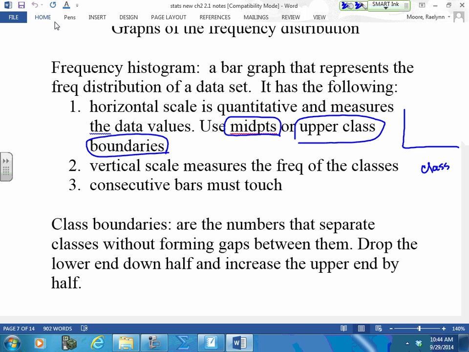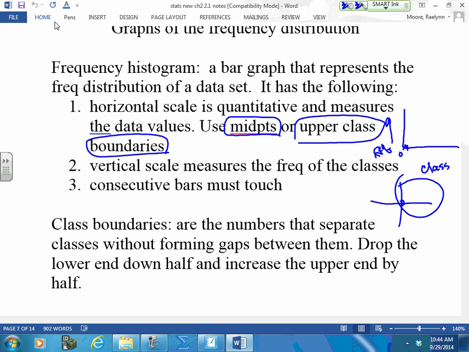Your vertical axis, your y-axis, is where your frequency goes. Your bars must touch. There's no gap between the bars. Sometimes we cut the graph when we start. They have a cut in theirs. They cut it because it doesn't start at 0. Technically, your graphs come from here. The 0 is in the middle. We only use quadrant 1.